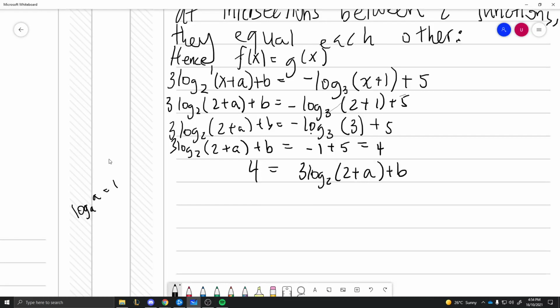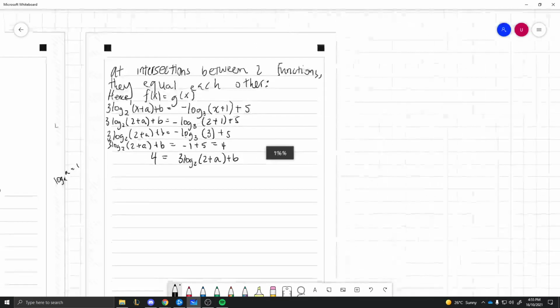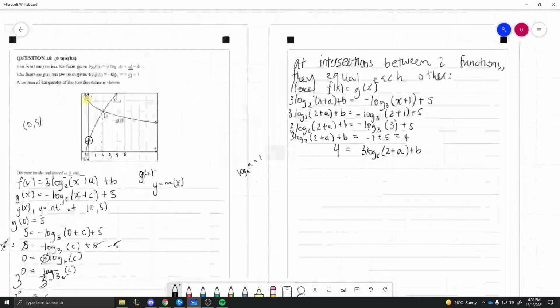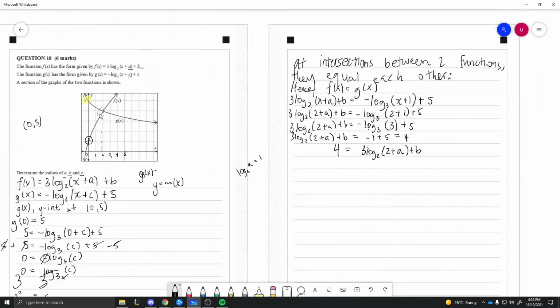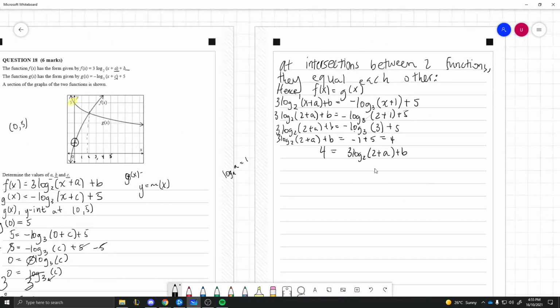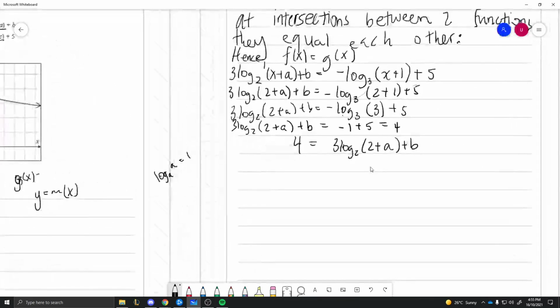Okay, now let's make it so it all equals b, because we want it to equal a variable, since you're going to have to use simultaneous equations here. You're going to get an equation from using this point and this point here. So let's put all of this on this side.